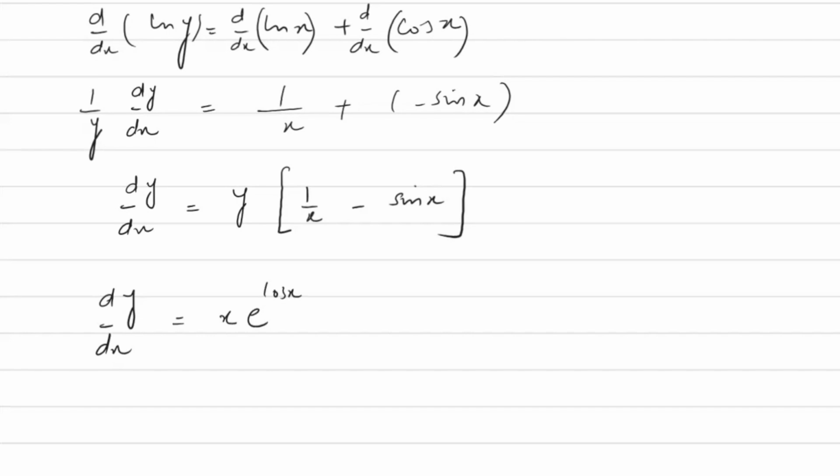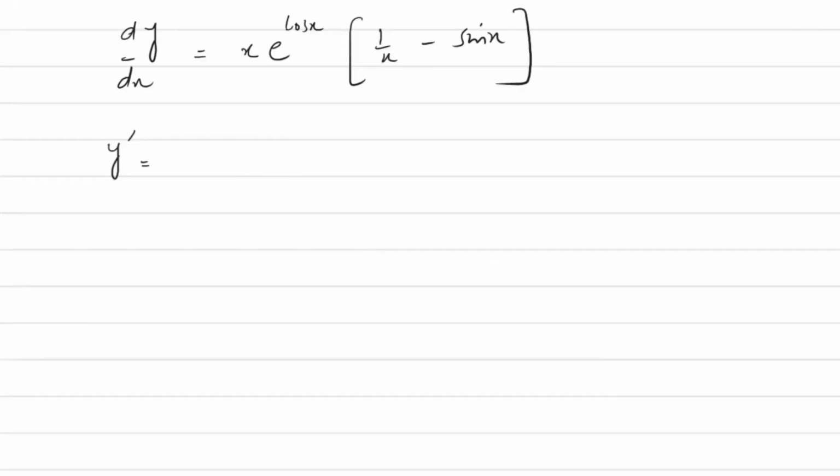In the question, 1 upon x minus sin of x. So y derivative is equal to x e raised to the power cos of x minus x e raised to the power cos of x into sin of x. y bar is equal to x is cancelled with x. e raised to the power cos of x is common.